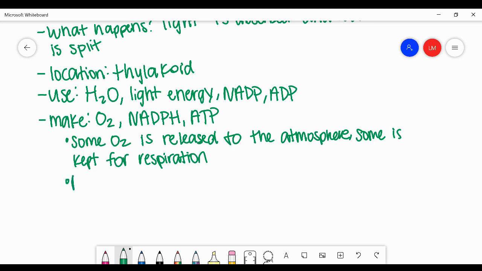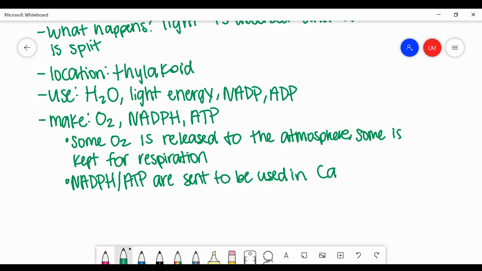And then the NADPH and ATP are sent to be used in the Calvin cycle.